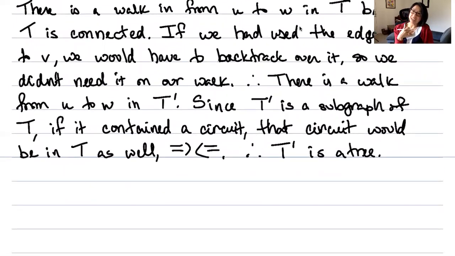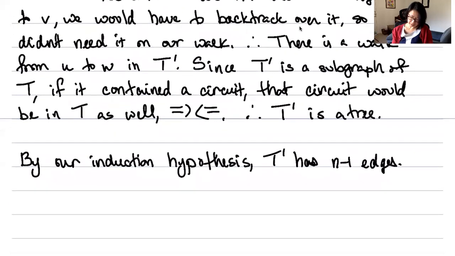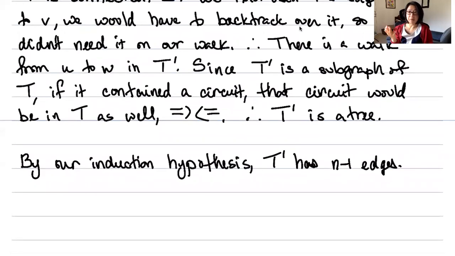So by our induction hypothesis, T' has n-1 edges. And then we realize, what's the difference between the number of edges in T' and the number of edges in T? Because we removed a vertex of degree 1, a leaf, we only took off one edge when we created T'.